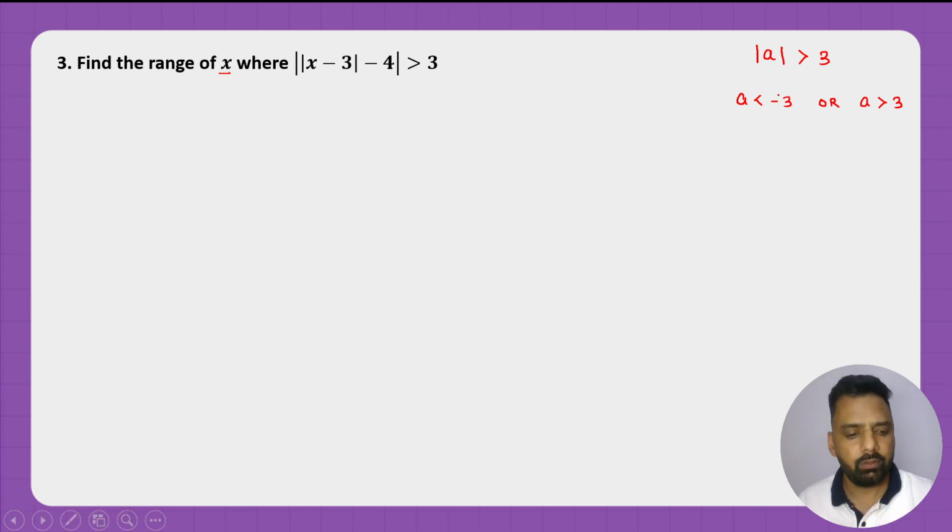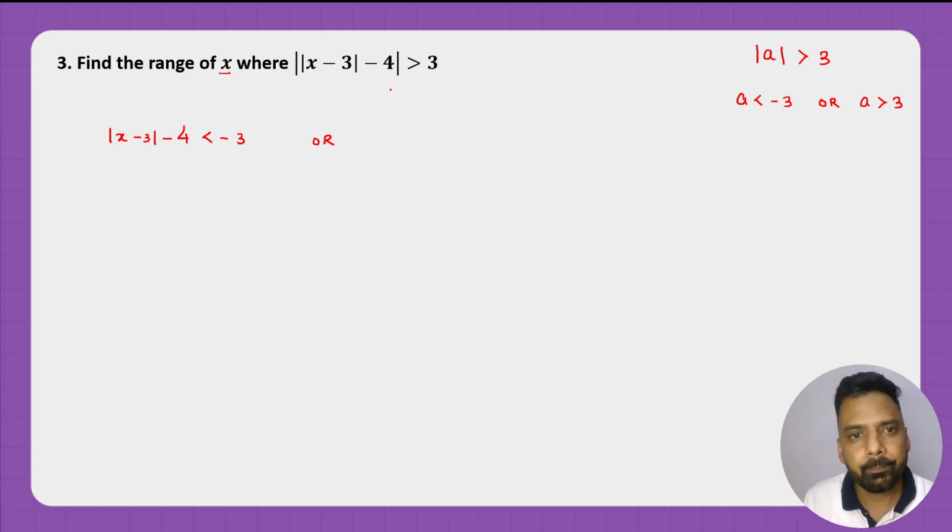These two conditions will work. So if this whole value is a, then I have two cases: mod of x minus 3 minus 4 will be less than minus 3, or mod of x minus 3 minus 4 will be greater than 3.